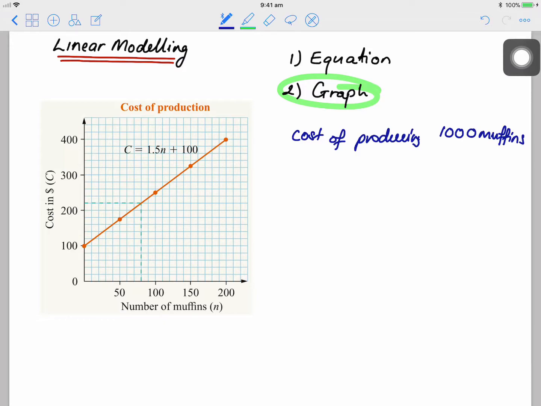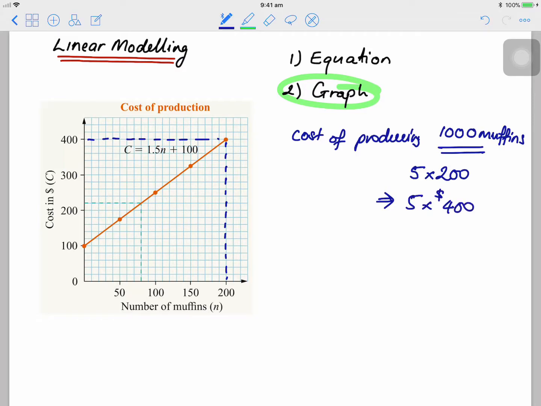Probably not so difficult in this case, because we know that if it costs $400 to produce 200 muffins, then 1,000 muffins would be 5 lots of 200, implying that you would take 5 lots of the $400 in cost, which is $2,000.